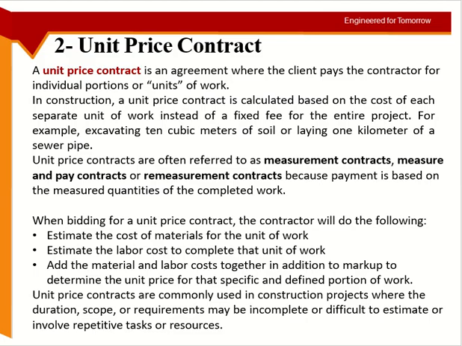So these types of contracts are used where things have more margin of change. When you are hiring the contractor, you have still not finalized the duration, the scope, or the requirements of the project. At the time of signing the contract, the full plan is not ready, the complete design is not ready.